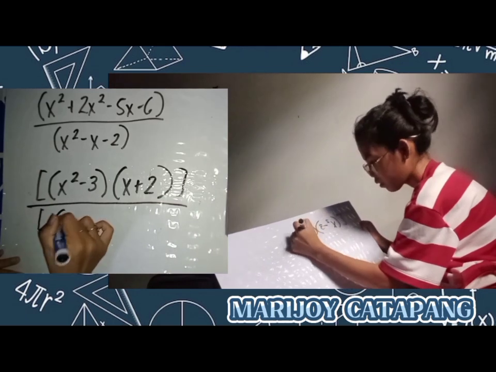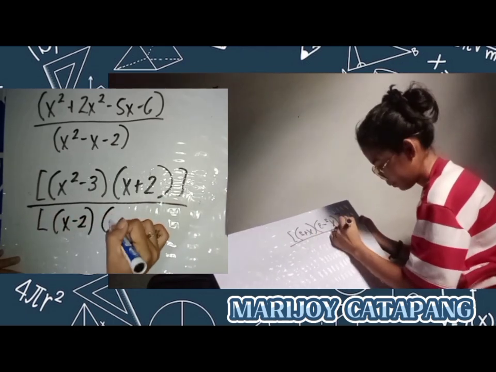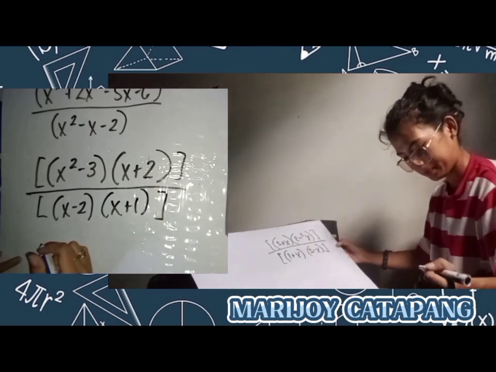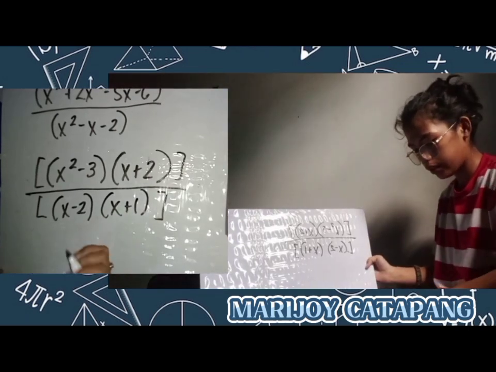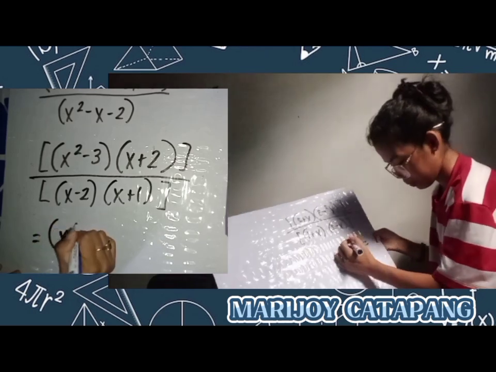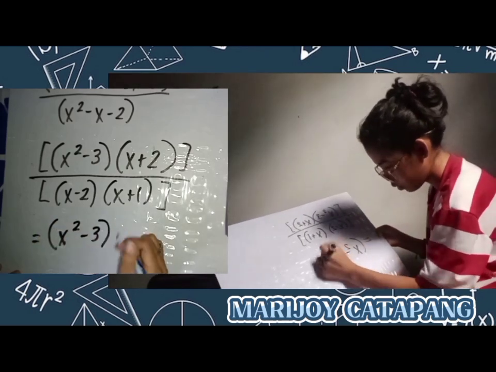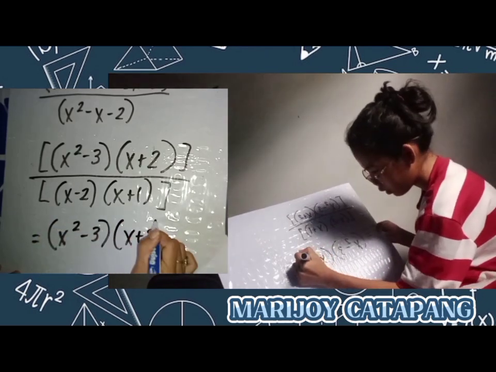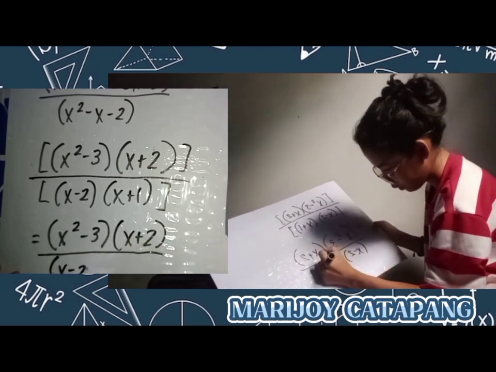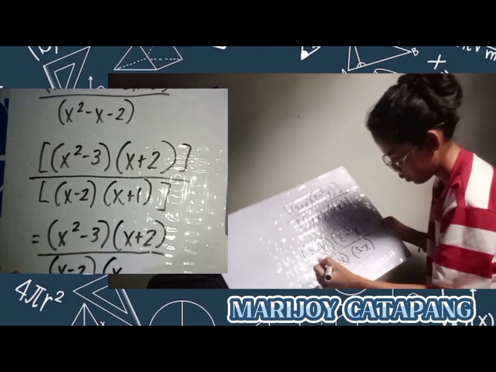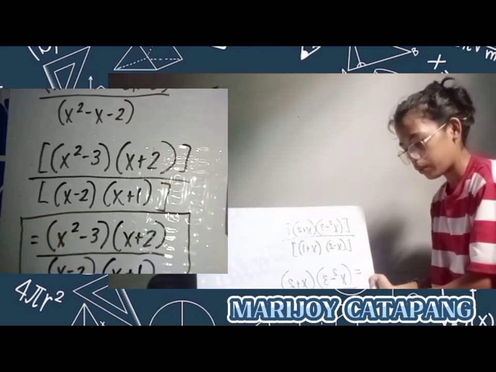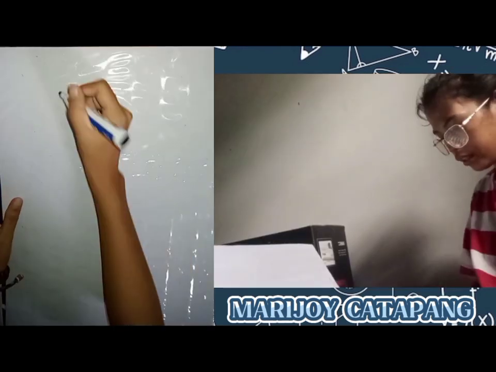Now we can rewrite the original expression with the factored numerator and denominator: (x squared minus 3) times (x plus 2) over (x minus 2) times (x plus 1). As you see, there are no common factors to cancel out. Therefore, the simplified form of the given rational expression is (x squared minus 3) times (x plus 2) over (x minus 2) times (x plus 1).